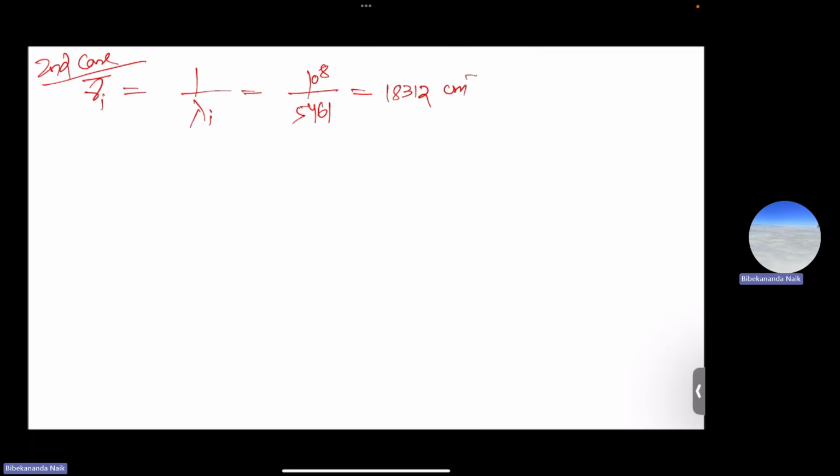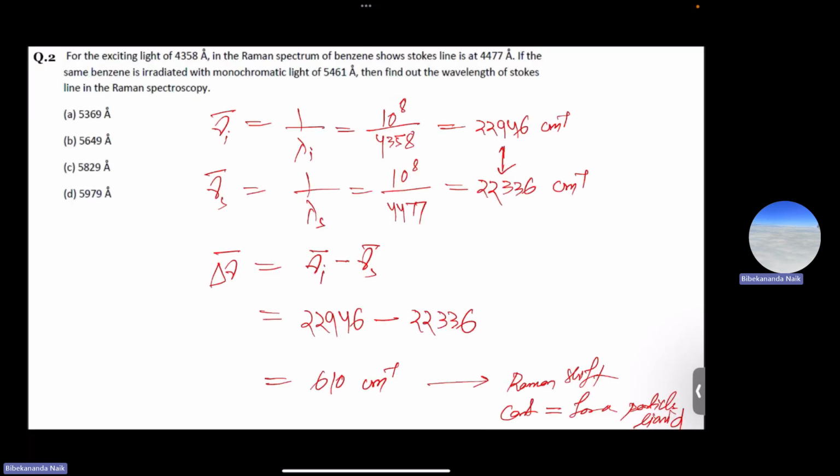Now we know the wave number of the Stokes line is less than the wave number of the incident line, and it is smaller by the value of the Raman shift.